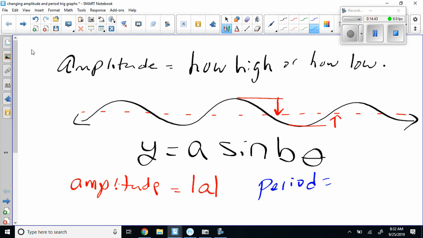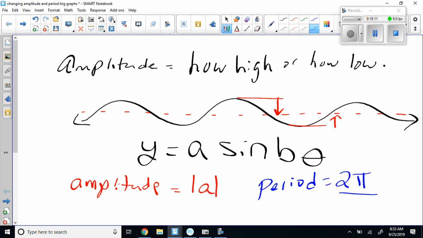How far does it take one cycle? Well, normally, look at your unit circle. How much is one cycle? 2 pi over, well, the b, which would be the coefficient, right?